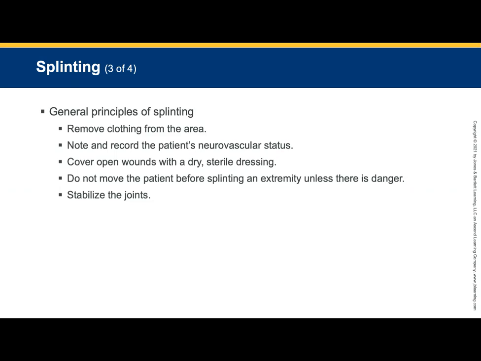We want to tape it at the top part of the arm and the lower part of the arm, and make sure we can see the area of dislocation or break, because at the same time we need to monitor that area for swelling. Is it cutting off any blood flow? We may or may not have a pulse in the area depending upon the type of injury. If you don't have a pulse, make sure that's noted and what time you found it.